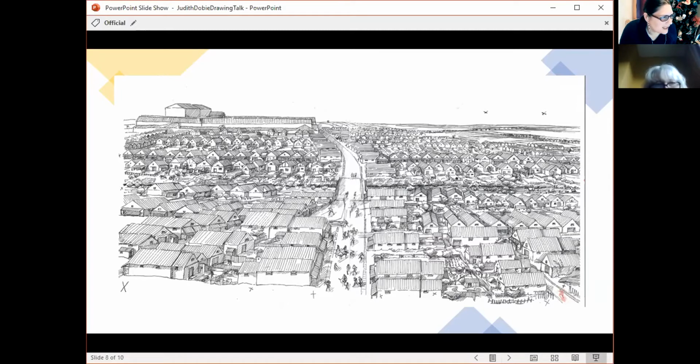And this break here, you can just see that's the Walbrook, a line of a river going through the centre of Londinium. And in the background, you can see the London Bridge, the first bridge across the River Thames. So much detail. It's wonderful. And you can create this by using Judith's method.